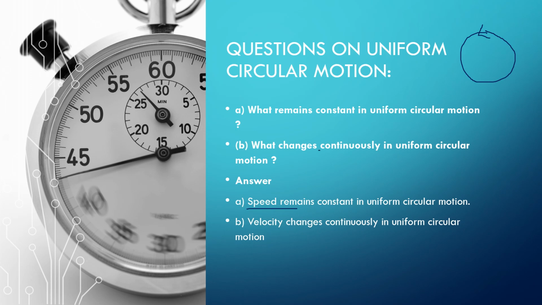And what changes continuously in uniform circular motion? That is velocity, because velocity is speed plus direction. If the particle is moving here, and it moves on and on, you will find that there is a change in direction. So what changes? Velocity. And what remains constant? Speed.